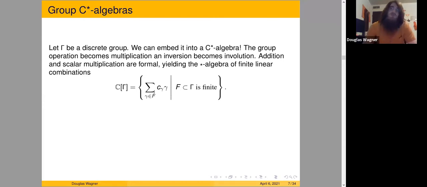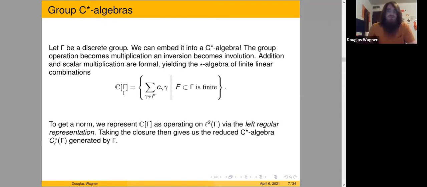We still need a norm though, and so we'll use the Gelfand-Naimark theorem to get it by just having this operate on some Hilbert space, such as the square summable functions on the group, using what's called the left regular representation. Taking the closure then gives us the reduced group C-star algebra.